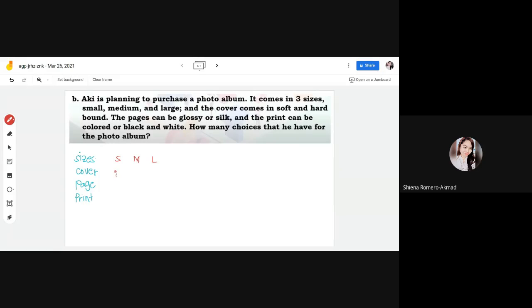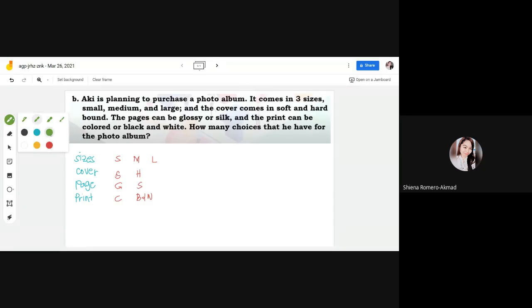Sa cover, it can be soft or hardbound. S for soft, H for hardbound. Sa pages, it can be glossy or silk. And sa print, it can be colored or black and white.